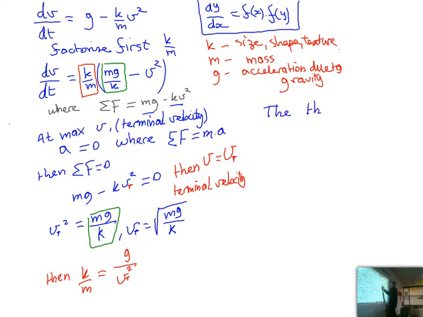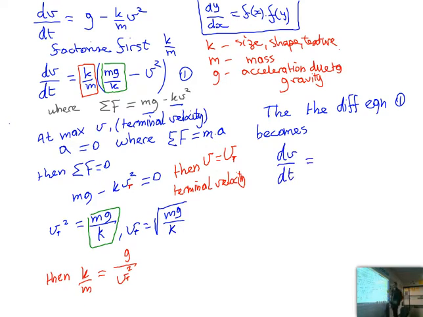Then our differential equation, equation number 1, dv dt is equal to, our first term here is gravity divided by terminal velocity squared.